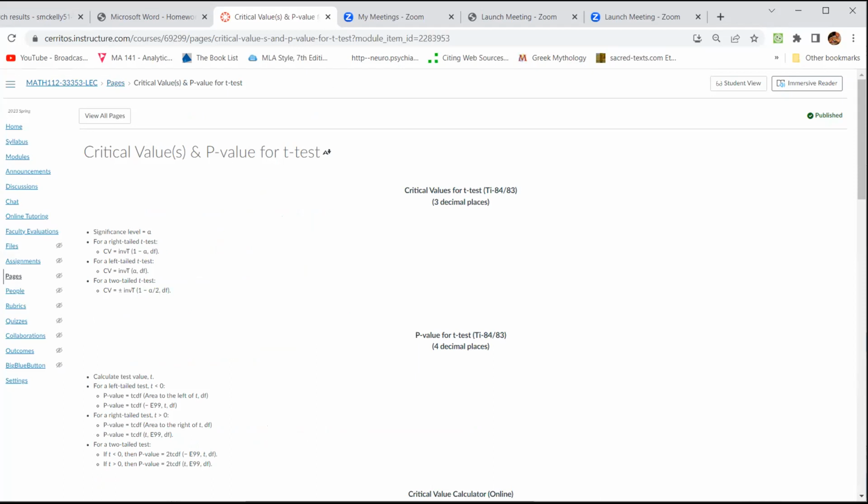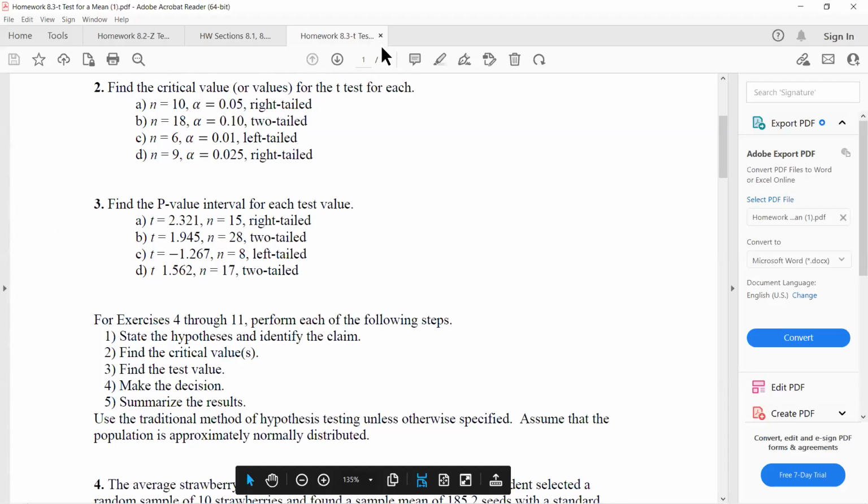So in this case, for 2B, the CV is equal to inverse T, 1 minus alpha over 2 and DF.